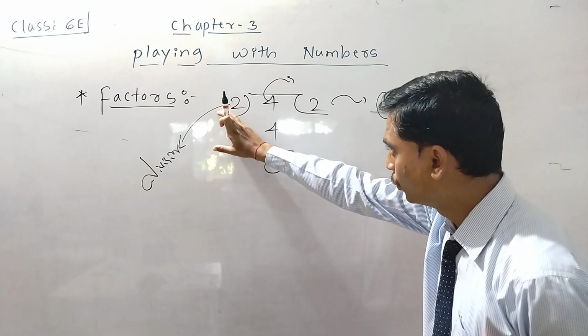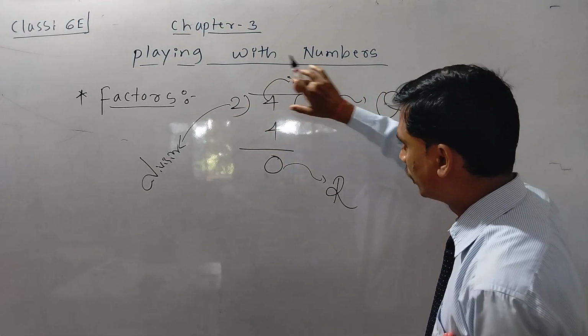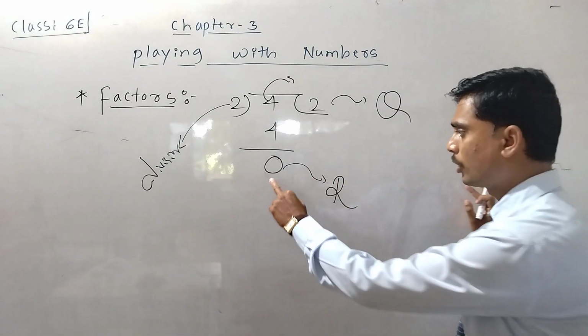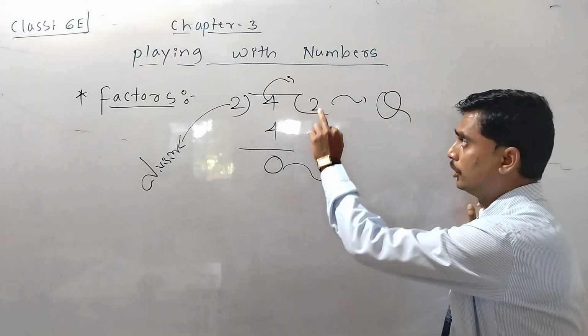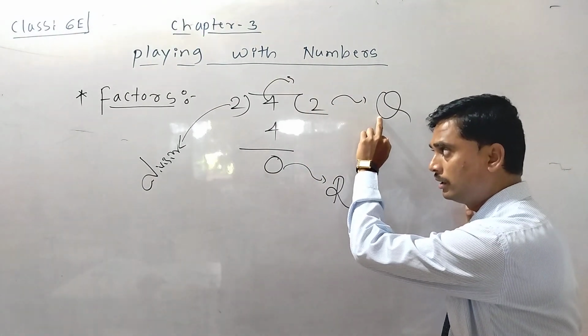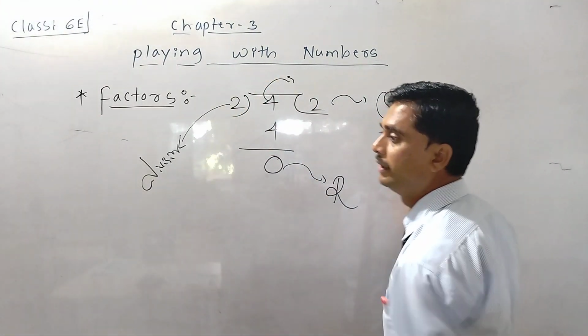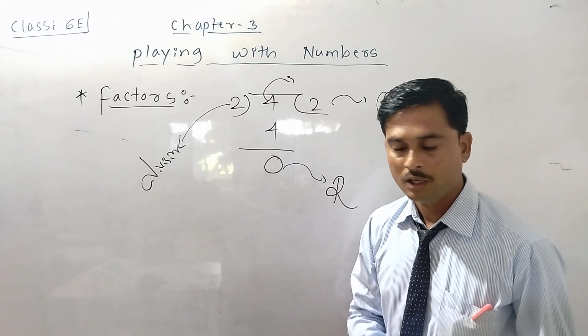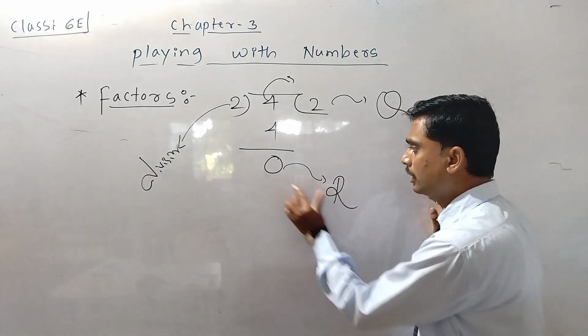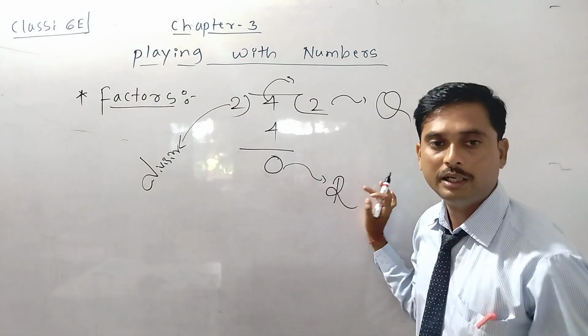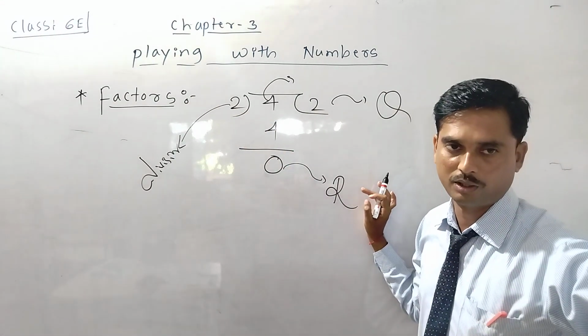So 0 we call the remainder, 2 we call the quotient, this 2 we call the divisor, and 4 is the dividend. It is very important. We want the remainder always 0, which means the given number is completely divided.